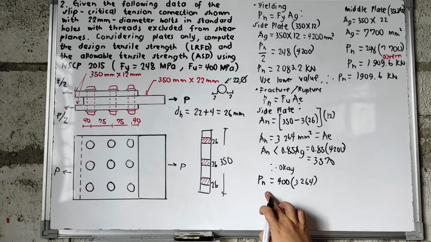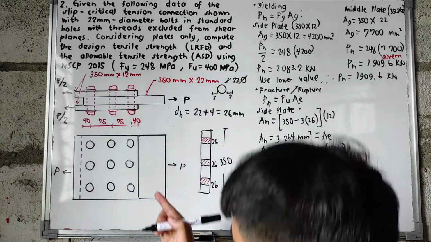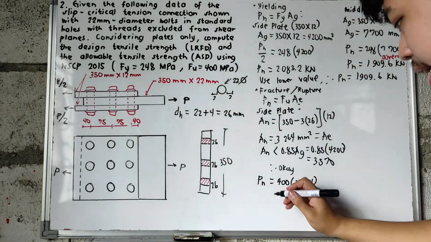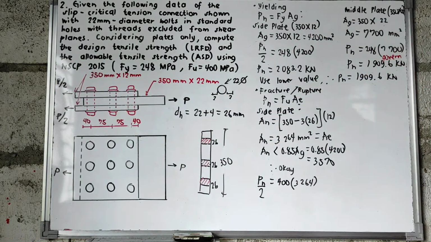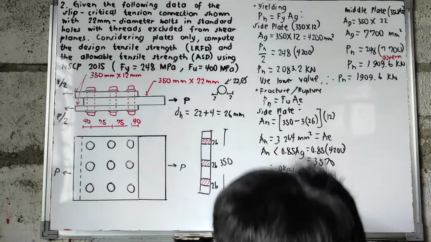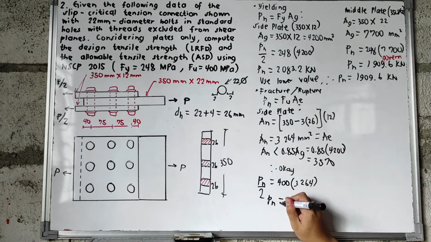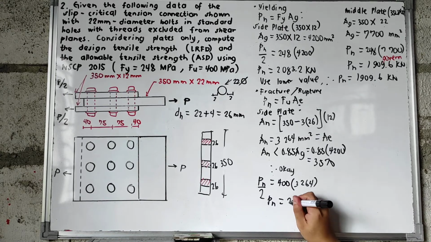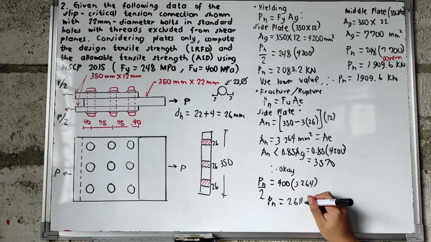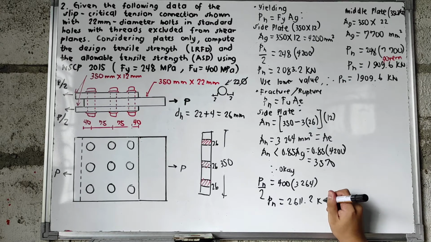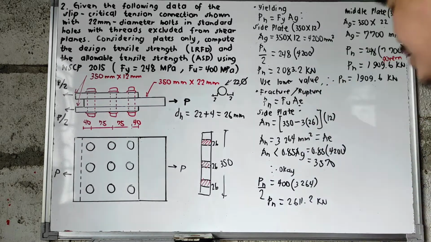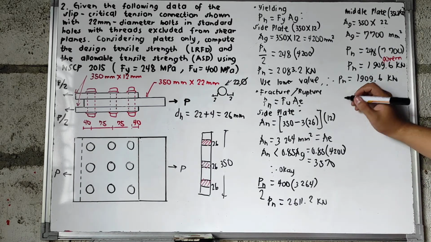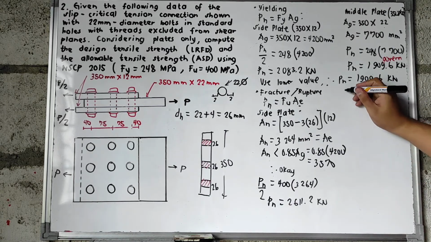And since yung P natin dito sa mga side plate natin is P over 2, madi-divide yan by 2 dun sa nominal natin. So, the value of your P sub n is equal to 2,611.2 kilonewton. Siyempre, kung kinonsider natin yung side plate, we're going to consider also yung middle plate natin.